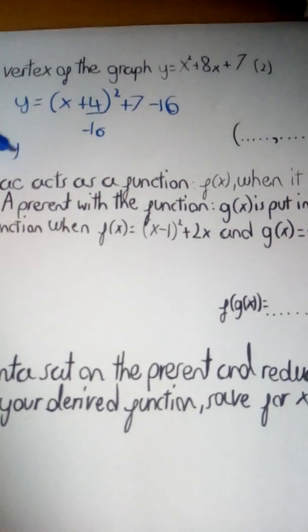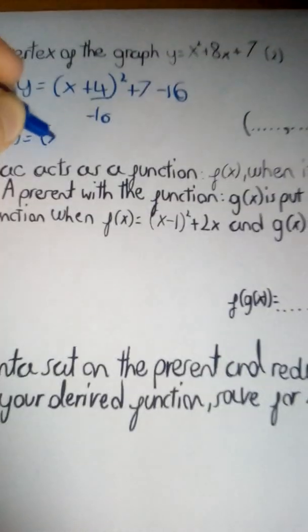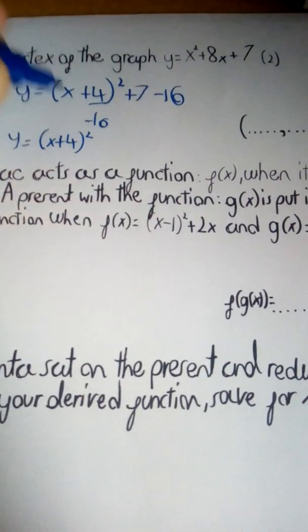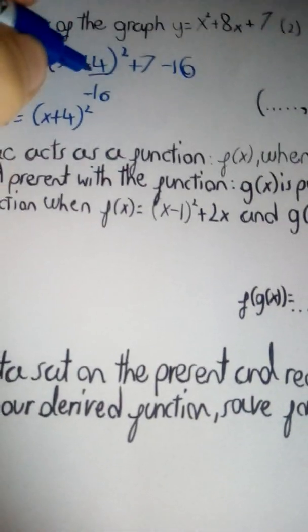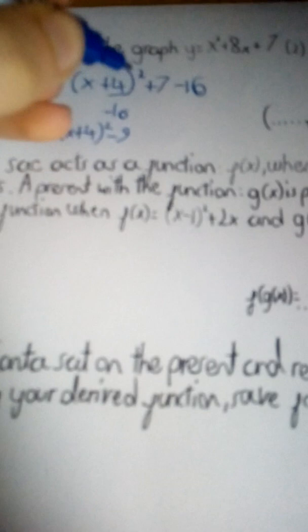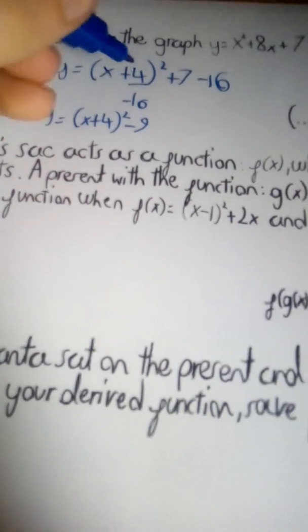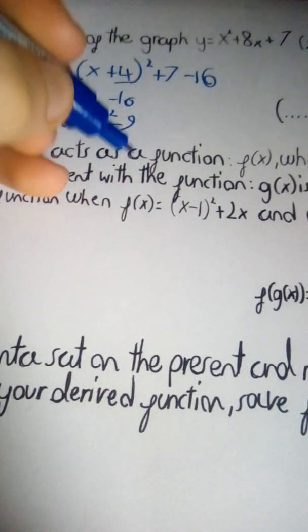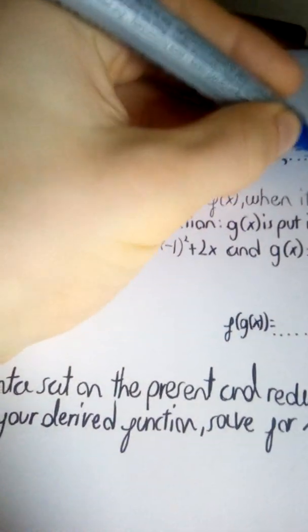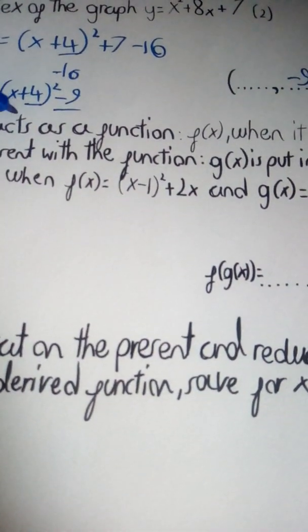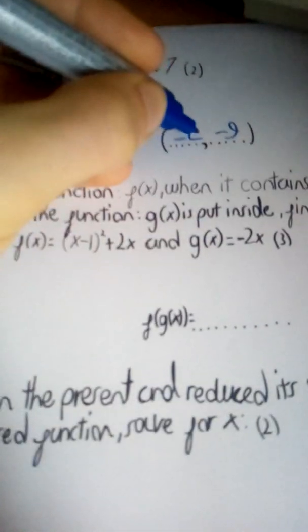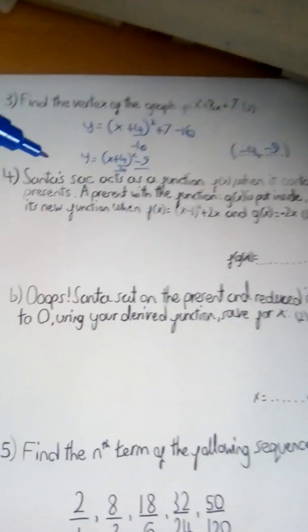Simplify that, we get y is equal to x plus 4 squared, and this would be minus 9, I believe. Okay, yeah. So we can work out the coordinates of the turning point would be this as our y, so minus 9, and the opposite of plus 4, which is minus 4, for x. Nice, simple for that.